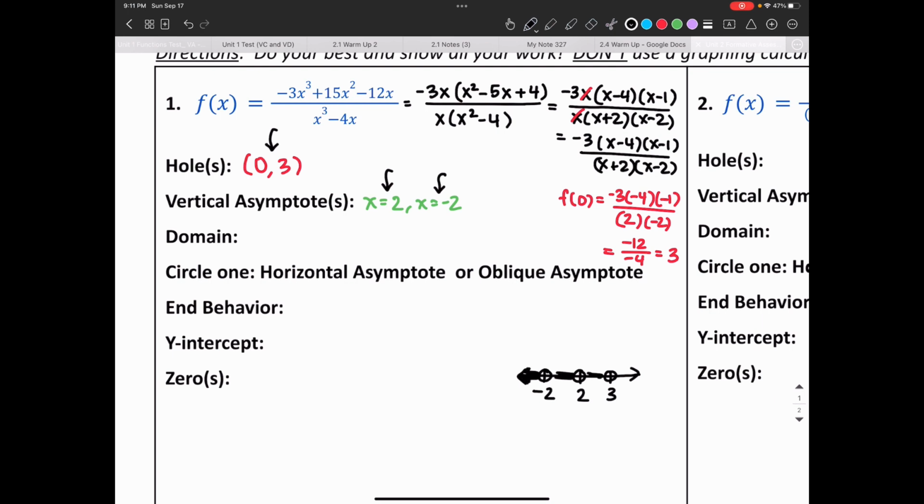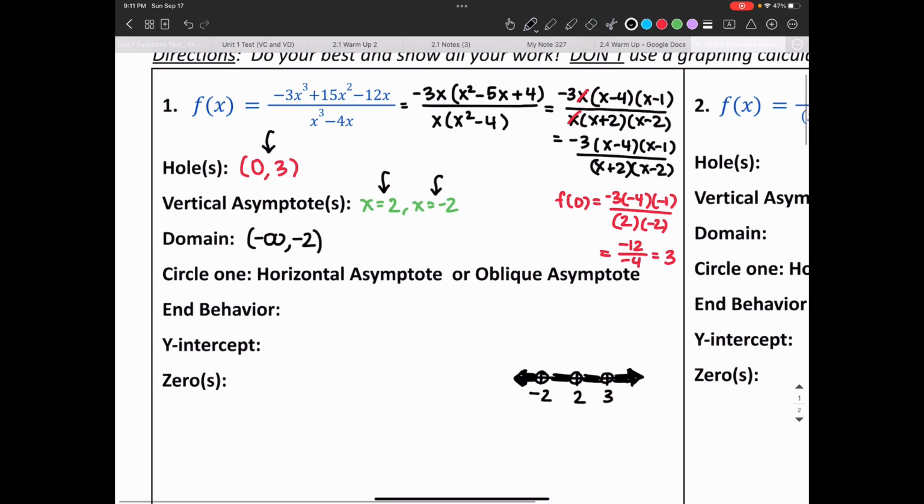So I'm going to write this domain based off this little number line I created. The first interval is negative infinity to negative 2, not included, so parentheses. The second interval is negative 2 to 2. The third interval is 2 to 3.